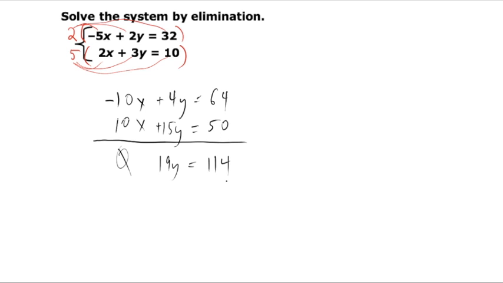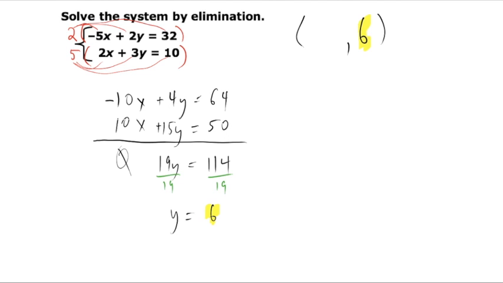So now I just need to go and divide both sides by this 19. And that gives me y equals 6. So now I already know that part of my answer is that y is going to be 6.